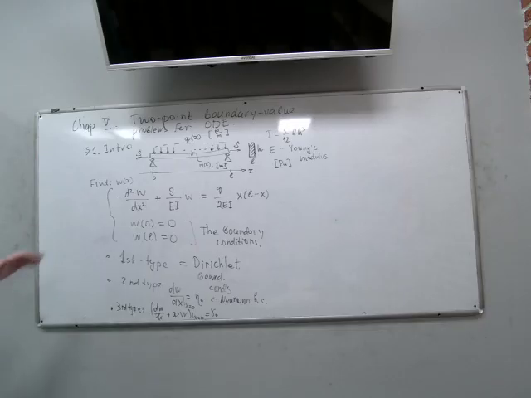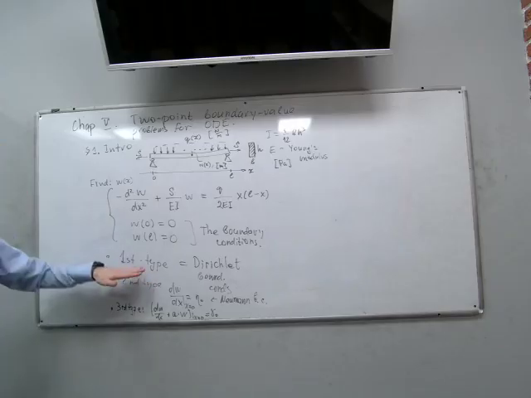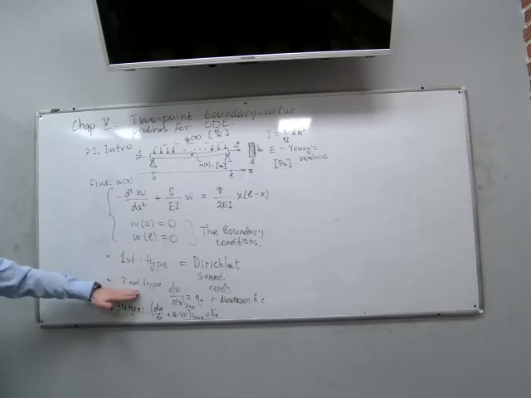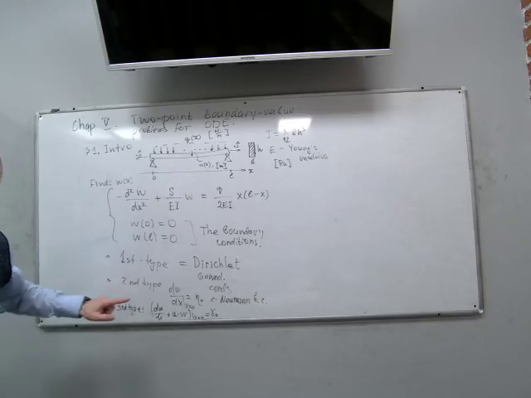So all these possibilities define different boundary value problems. If we only have this type of conditions, we say that we have the first boundary value problem, or the second boundary value problem, or the third. By the way, you have to be careful with the second boundary value problem.